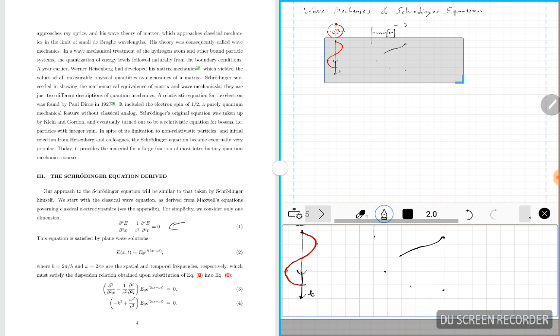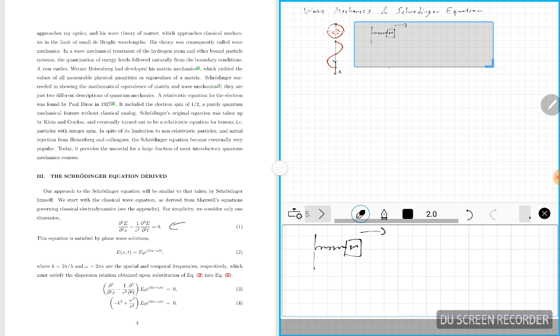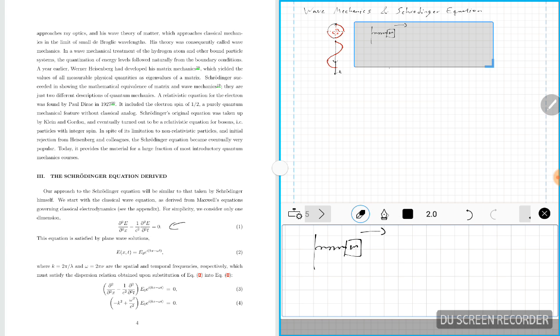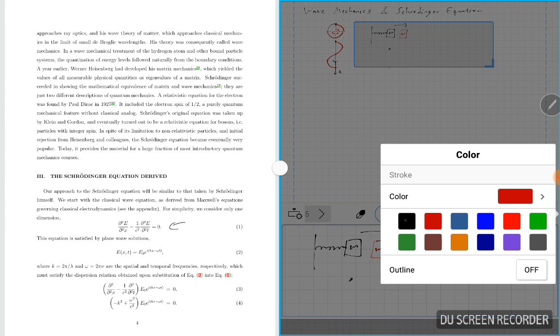I'm going to draw that a bit better. So let's say I start here. Now I stretch out my mass to some point here, and my position is now here.